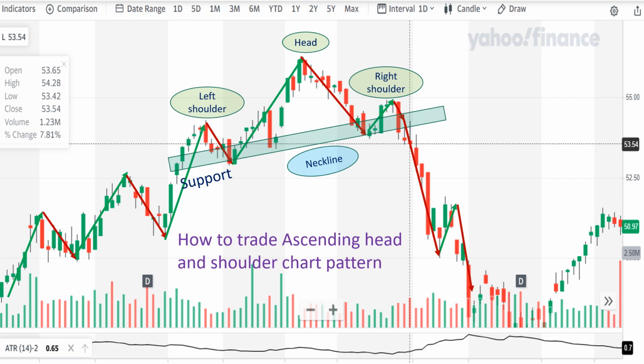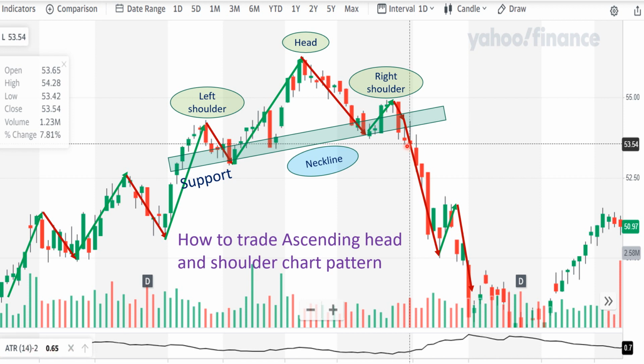So in order to enter the trade, look at this strong bearish shooting star that closed below this neckline. You can enter the trade at the close price of this shooting star, and the information of this shooting star is right here, and this is the ATR value for that shooting star.